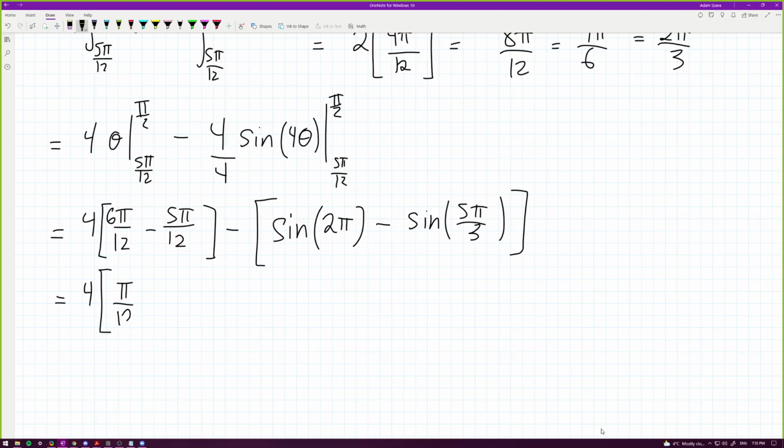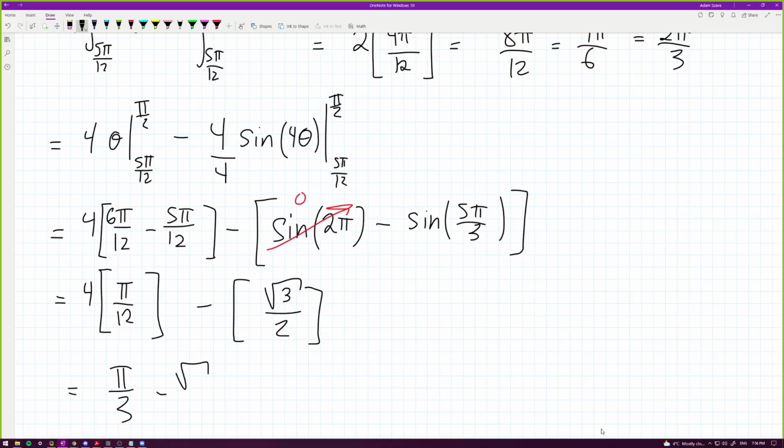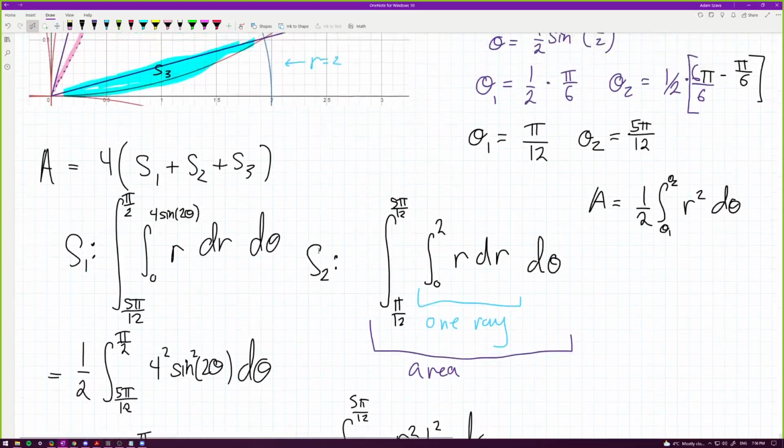Sine of 2 pi is 0, so minus, just write that's 0. And sine of 5 pi over 3, I don't know what that is. Let's take a look what it is. Sine of 5 pi over 3 is negative root 3 over 2. So it's going to be positive root 3 over 2. So I'm going to get pi over 3 minus root 3 over 2. Okay, so that is that area there.